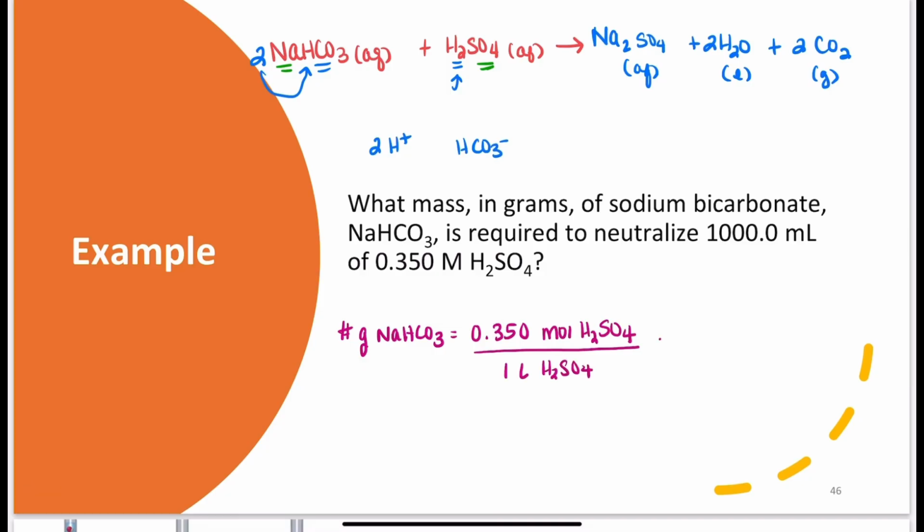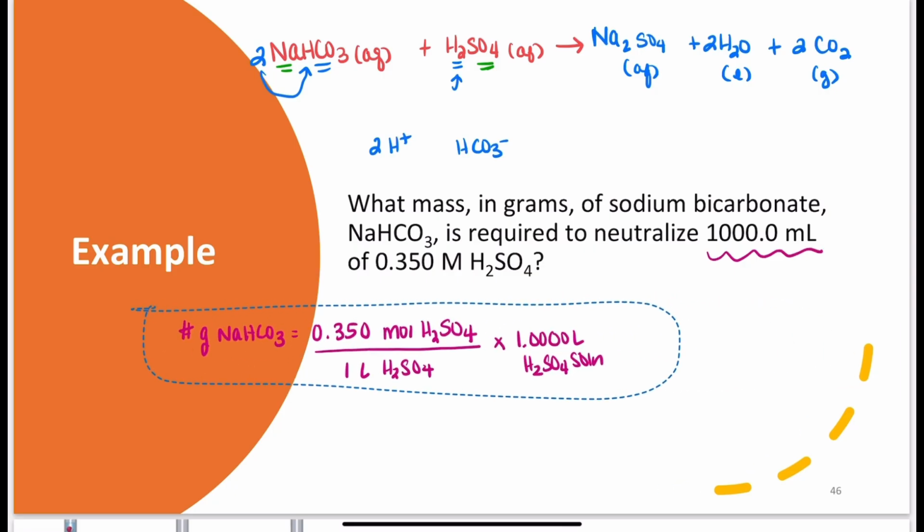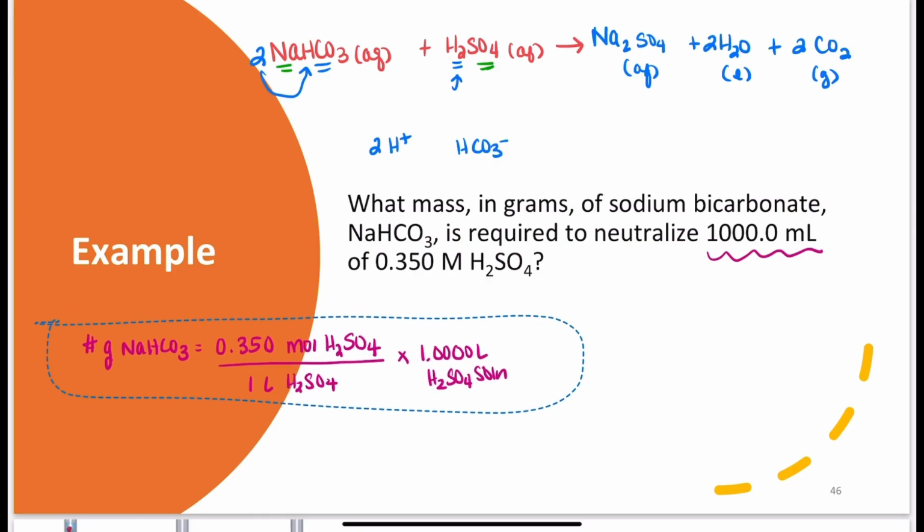of H2SO4 times, and again, I need this in liters here, times 1.0000 liters of my H2SO4 solution. Again, that's putting this into liters. So 1,000 mL, and I had 4 zeros there, so 5 sig figs overall.